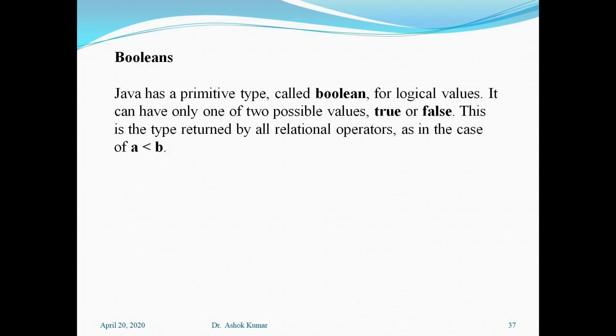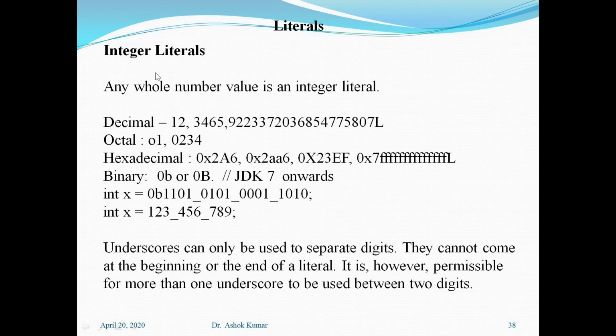In the coming slides, we are going to discuss literals in more detail. The first slide shows how you can represent integer literals. In the first example, I have shown decimal literals, numbers with base 10. So 12 is a decimal literal, and 3465 is a decimal literal, and this is a long number, and I have added the suffix L to it.